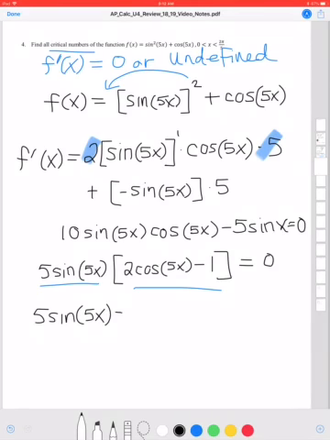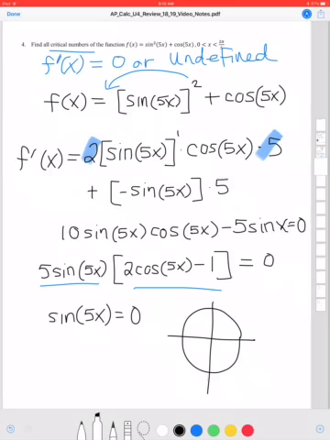5 sine 5x equals 0. Well, if you divide both sides by 5, that's just sine 5x equals 0. Okay, so on our unit circle, where is sine going to be 0?